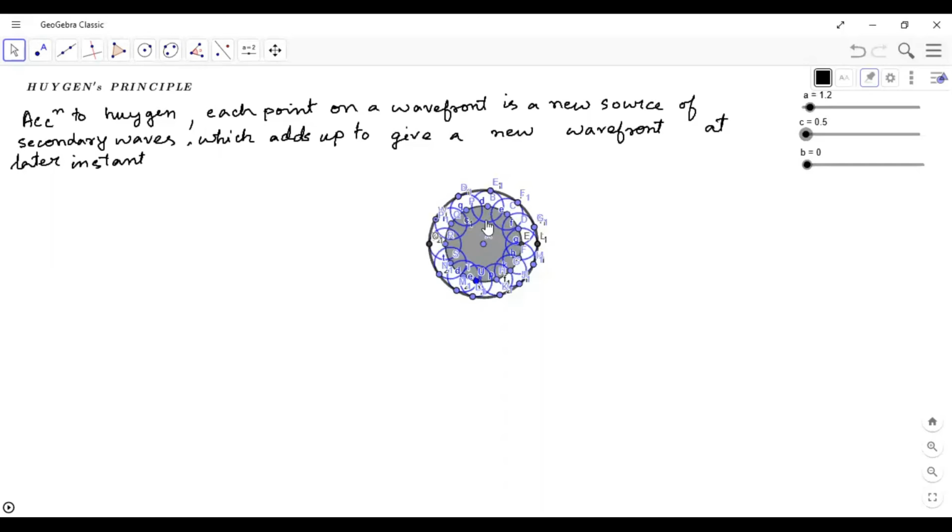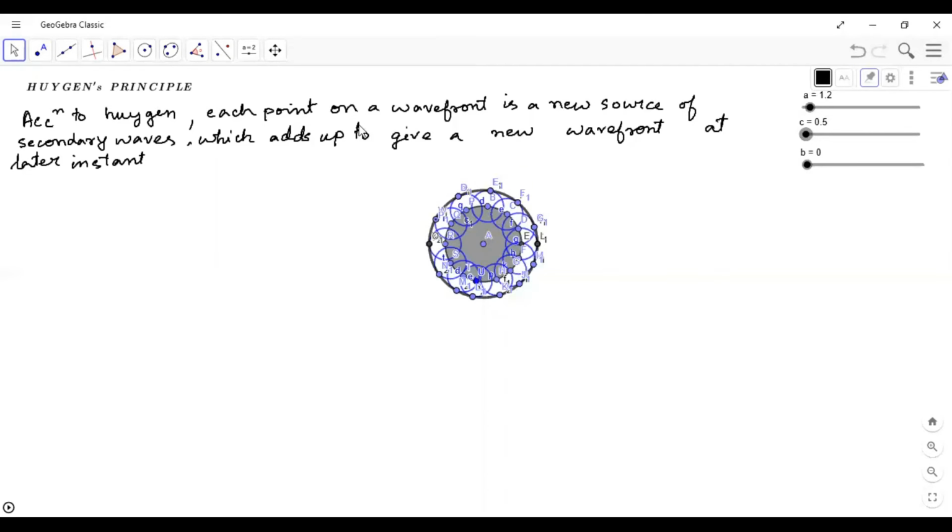Light has moved from this position to this position. Initially, at a certain instant, the wavefront was somewhere here, the gray shade. This was the original wavefront. Now light has propagated from this original wavefront to the new wavefront.